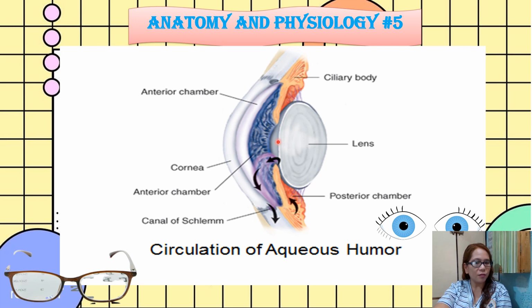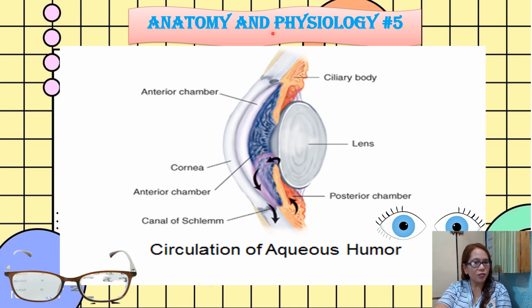So, nandyan siya between the lens and the retina. So, parang gel siya. So, siya yung nag-give ng form sa iyong eyeball. And you have the aqueous humor. It is the clear liquid that fills the anterior and posterior chamber of the eye. So, it is circulating between the lens and the cornea.